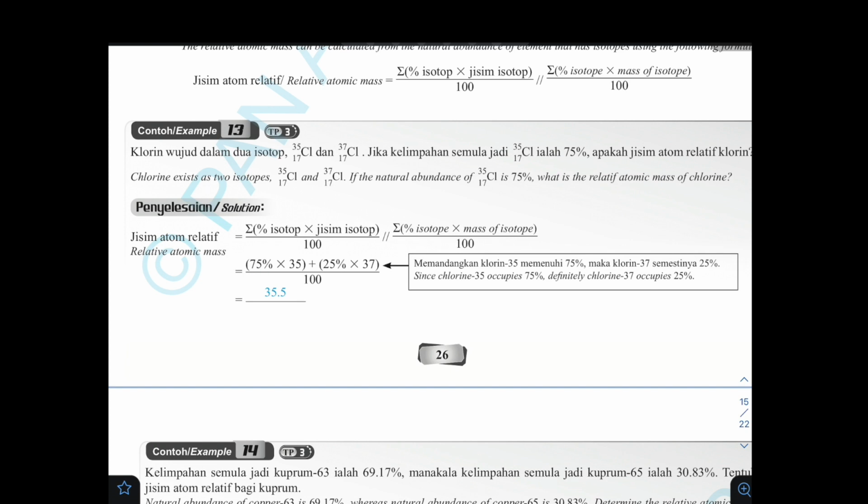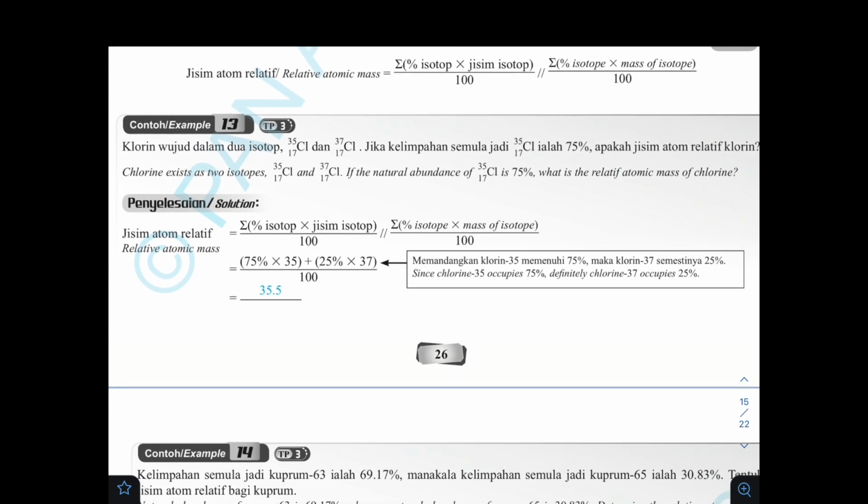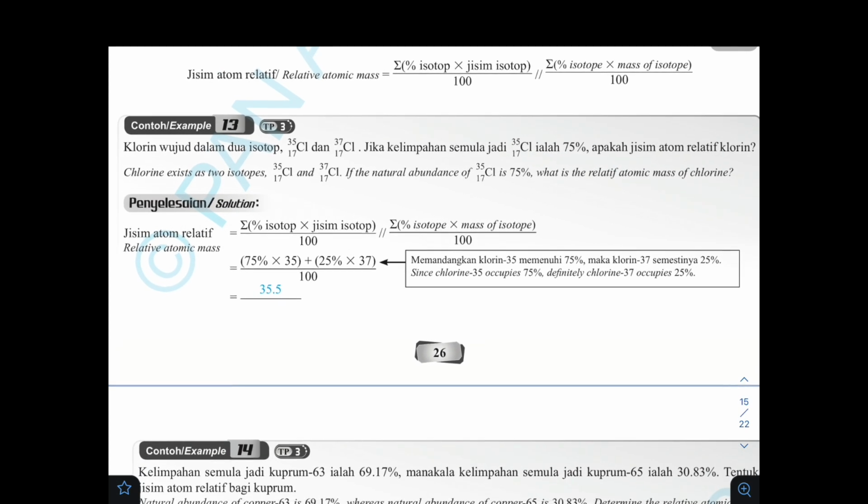Okay, natural abundance of chlorine-35 is 75%. So 75% times the mass of isotope, which is 35. So you see mass of isotope is 35.